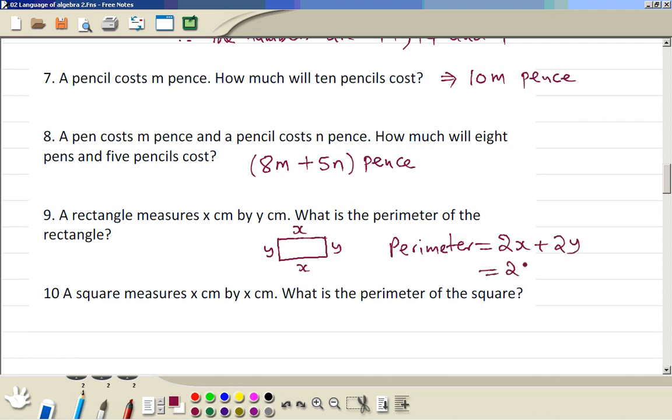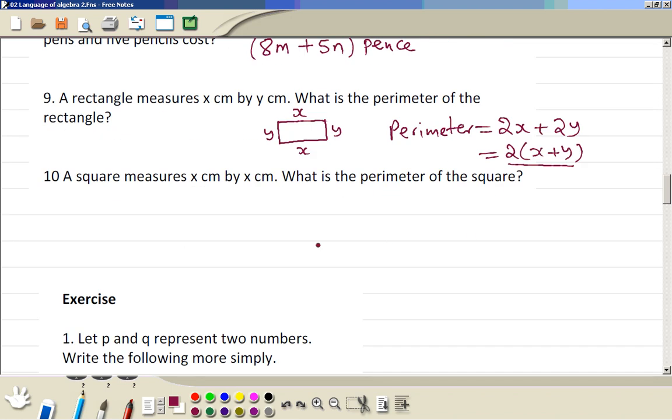Or you can write 2 times x plus y. Number 10, now we have a square. All sides are x, so therefore the perimeter equals x plus x plus x plus x, which is 4x.